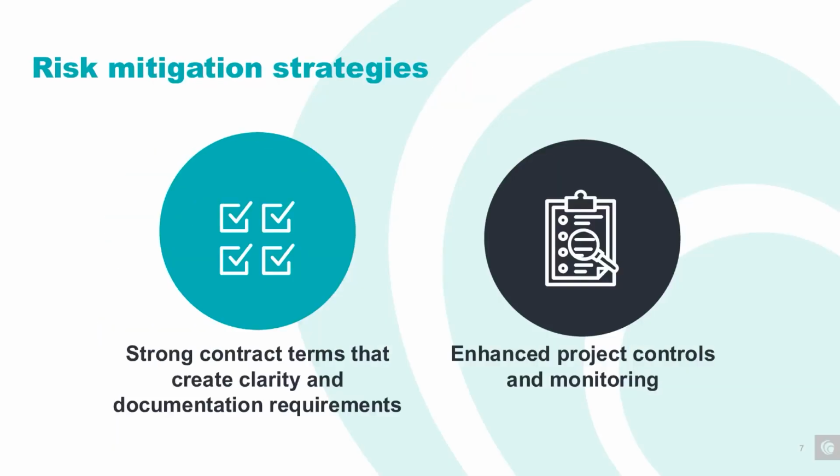So primarily today, our focus is going to be on two strategies. And so that's reviewing your contract for strong terms that create clarity and documentation requirements, and enhancing project controls and monitoring. So contract terms should preserve your right to perform a labor rate decomposition and audit, and your project controls need to be reviewed so they're able to detect and prevent non-allowable costs and practices when they arise.